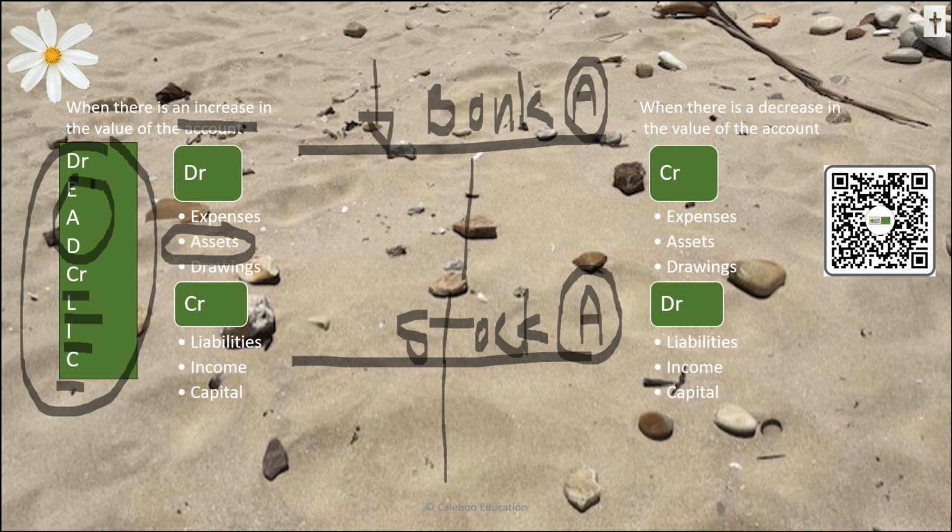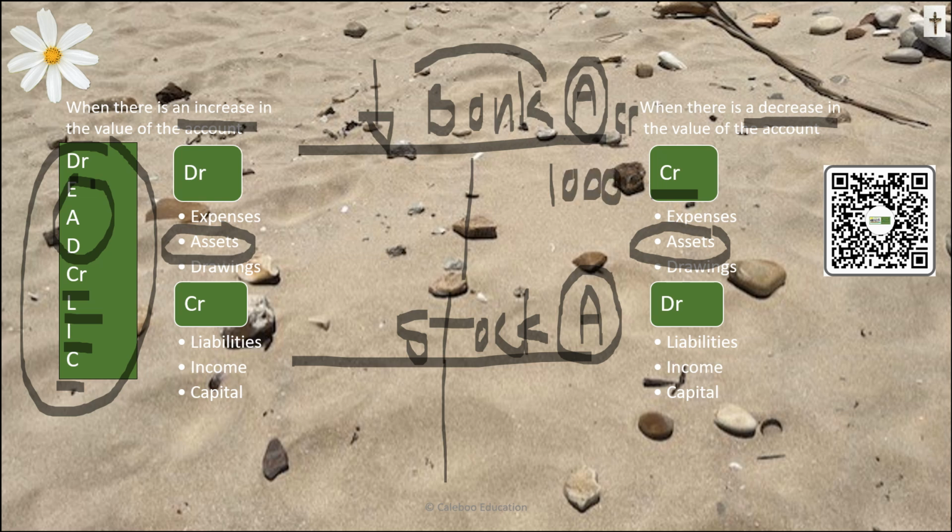A decrease in assets, and the rule says credit a decrease in assets. Let's see what DEADCLIC says. When there is a decrease in the value of the account, credit assets. So what has happened to the bank balance? Let's make it, we bought stock for 1,000.